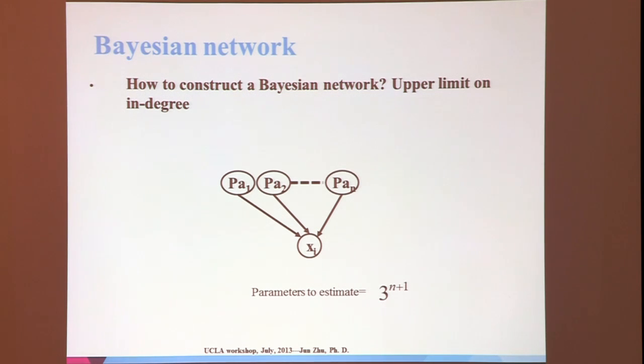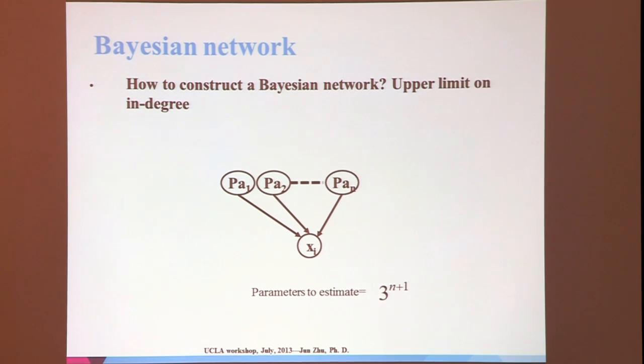Actually, yes and no. Given n parents, the number of parameters you need to estimate depends on the states; we generally assume 3 states. If you have 2 states, then it's 2 to the power n, plus 1. Parent and child can have different numbers of states, but in general you can estimate how many parameters you need to estimate.